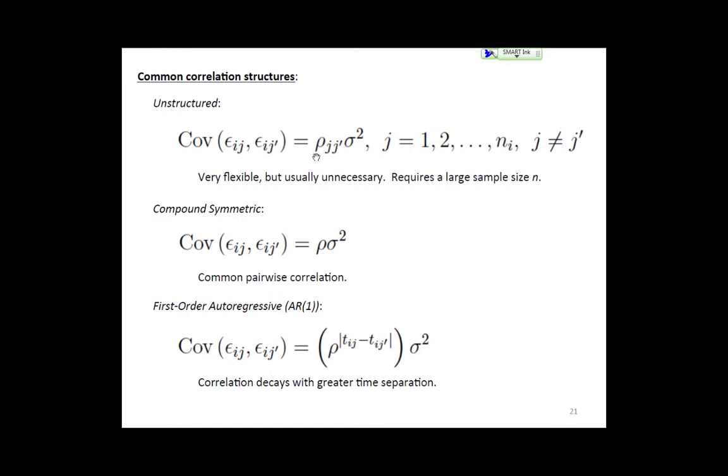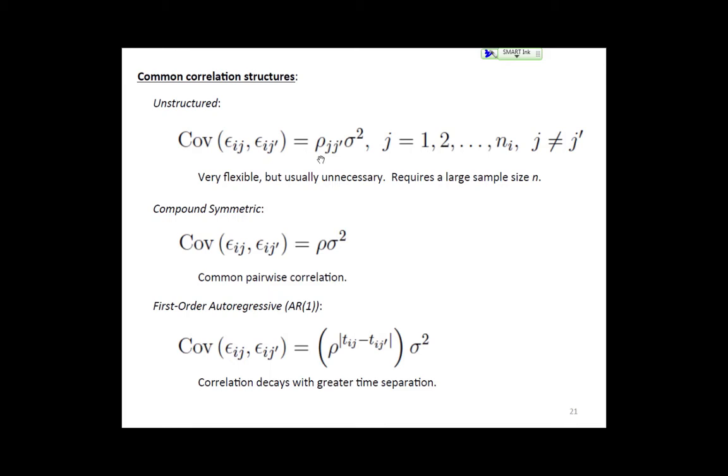we have 4 time points. Unstructured would say time point 1 has one particular correlation, rho, with time point 2. Write that down. That's one number that we had to estimate. It also has a different number potentially that is the correlation between time point 1 and time point 3.